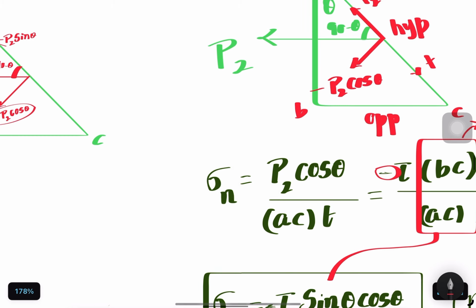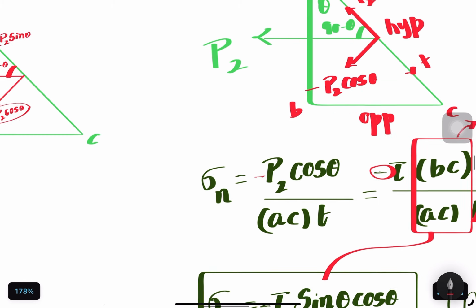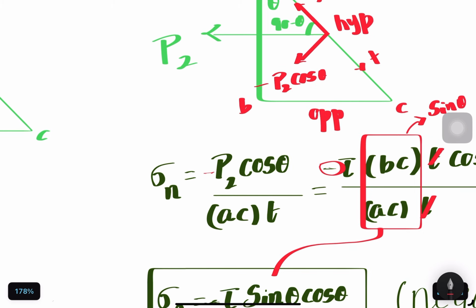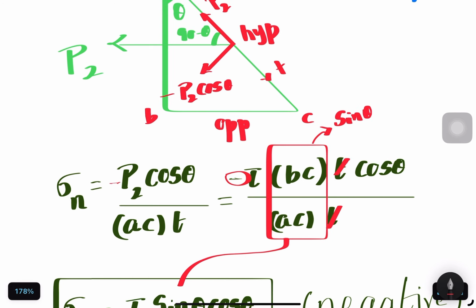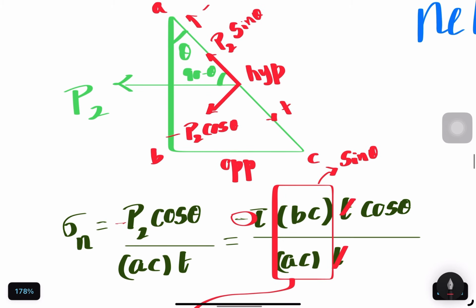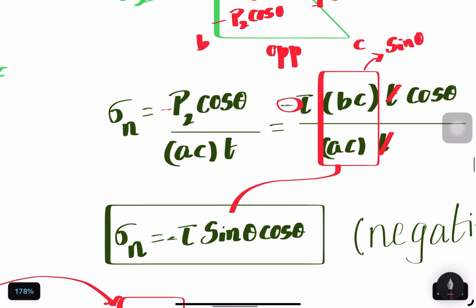Of course, I have to put a negative sign. So substituting the value for P2, which is tau into BC into thickness into cos theta divided by the inclined area, which is AC into thickness. So mathematics, you just cancel the thickness on both sides. And BC by AC, it is opposite by hypotenuse, that is sin theta. Substituting, you get the expression for the normal stresses minus tau into sin theta cos theta.